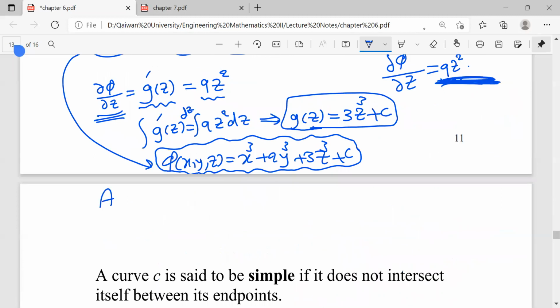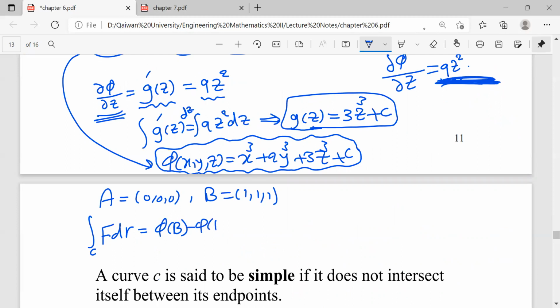So A is 0, 0, 0 and B is 1, 1, 1. So the line integral of F dot dr equals phi of B minus phi of A. What's phi of B?